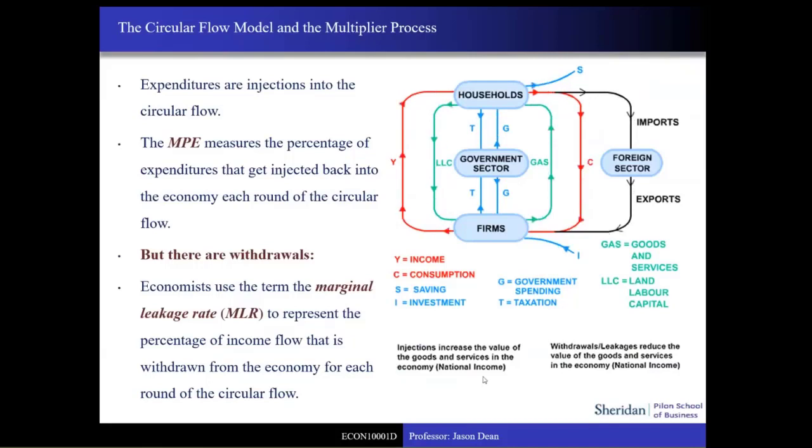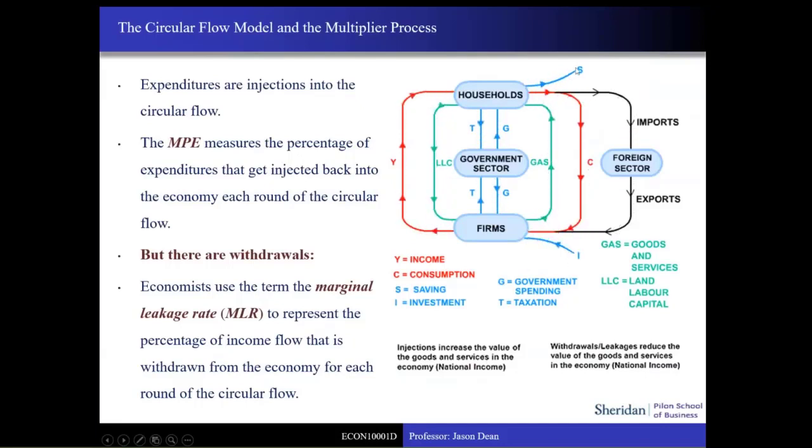So our injections would increase the flow of this, but the leakages lower it. So the marginal leakage rate represents the percentage of income flow that is withdrawn from the economy for each round of the circular flow.